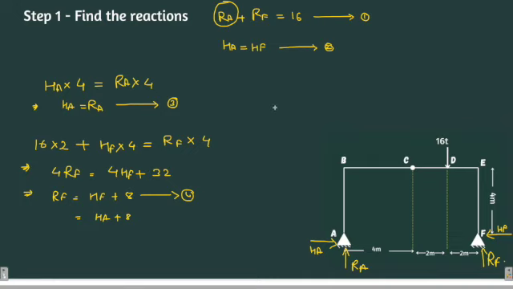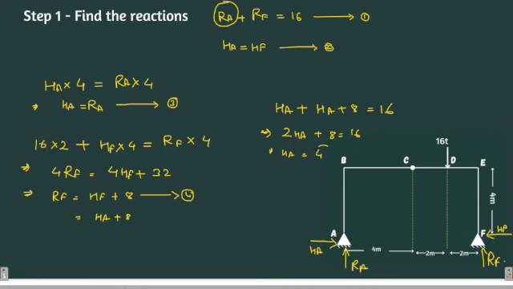So instead of RA, I am writing HA, and instead of RF, I am writing HF plus 8, which is nothing but HA plus 8. So I am writing HA plus 8 over here. It is 16. From this 2 HA plus 8 will give me 16, or HA is equals to 8 by 2, that is 4.